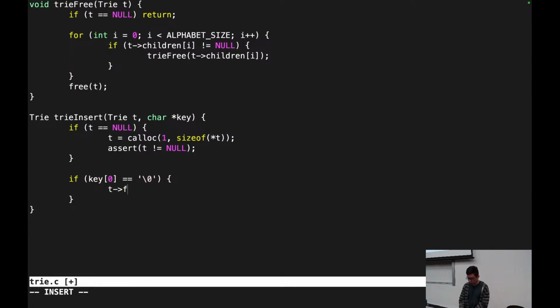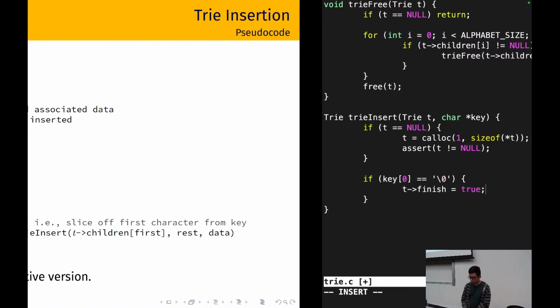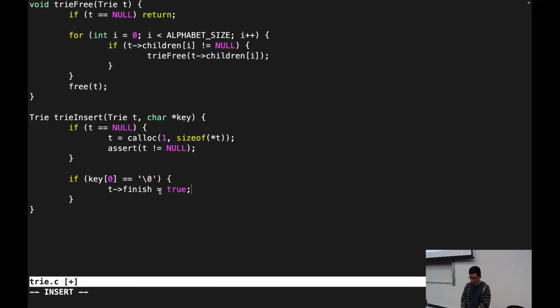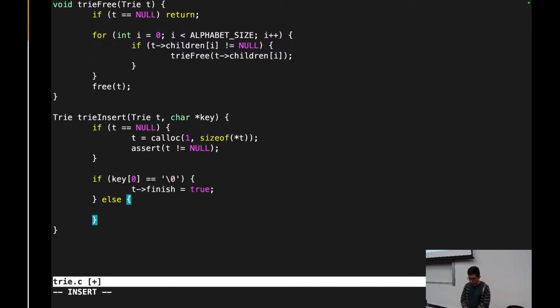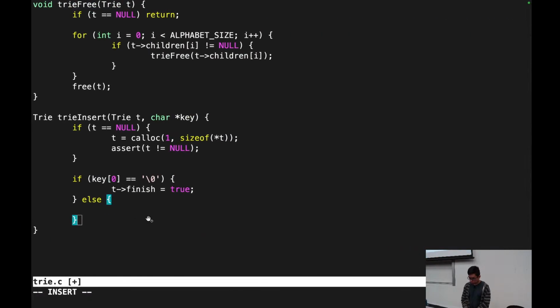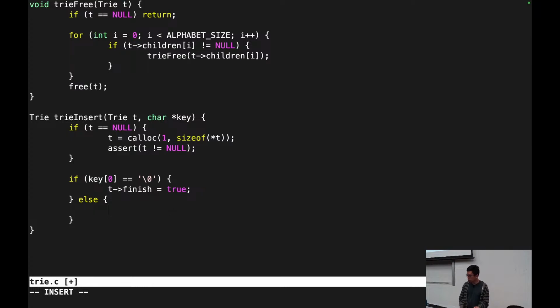So t finish equals true, and I don't need to set any data here because we don't have any data. And otherwise, I'm going to figure out what the first character of the key is. So first equals key 0.